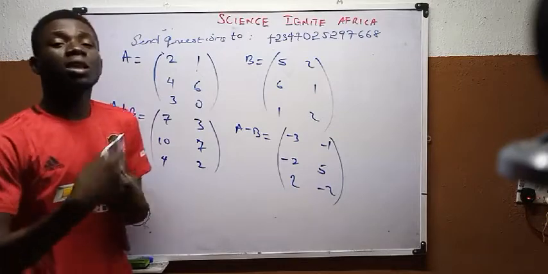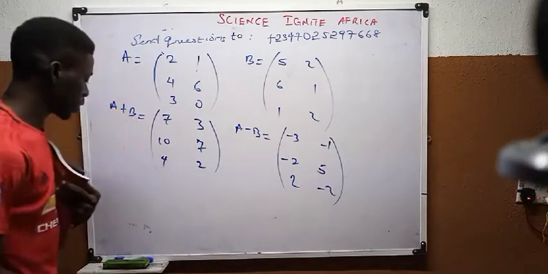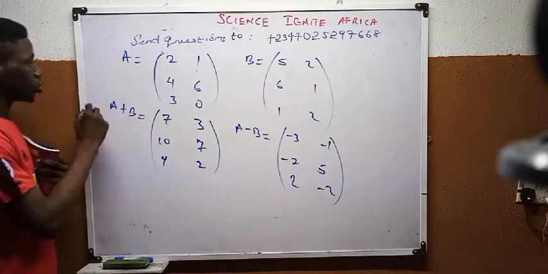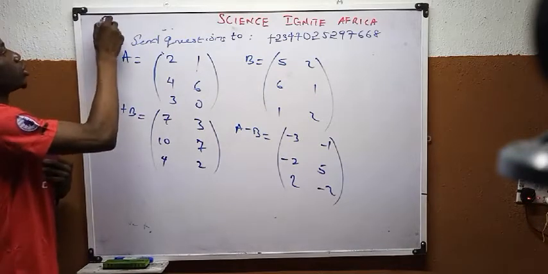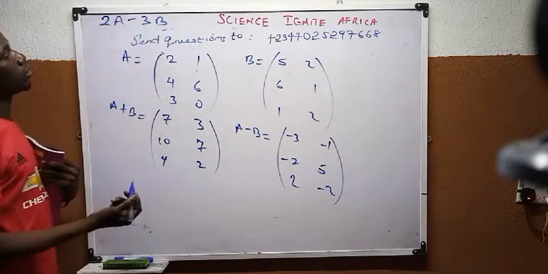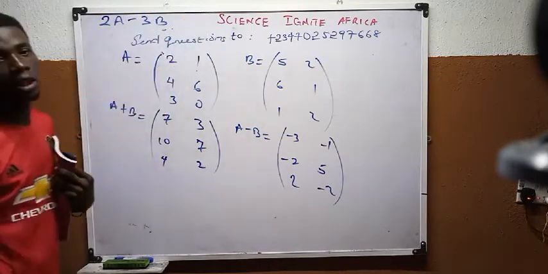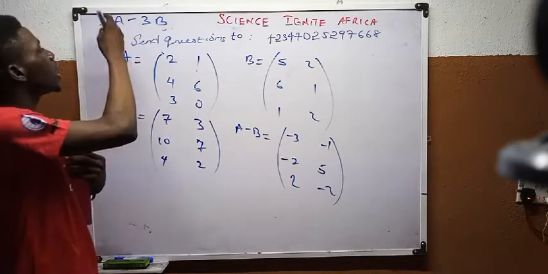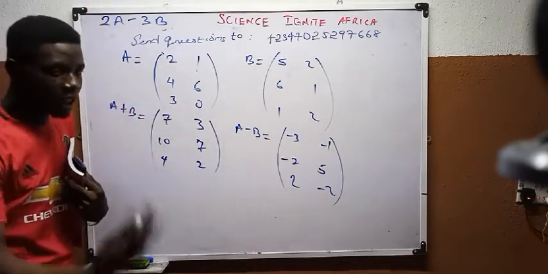Now, another way they can make it complicated is, for instance, I can say you should compute, let me write it here, 2A minus 3B. Yes, I can ask you to compute something like this. So it's not just ordinary A minus B again. I've added some things to it.